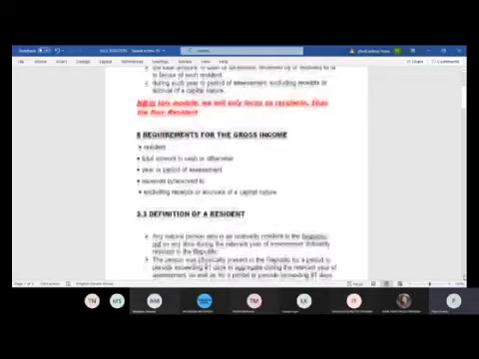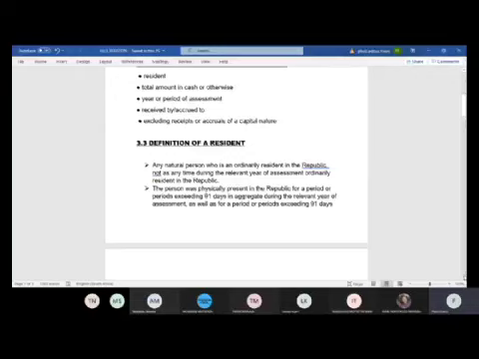excluding the receipts or accruals of a capital nature. Looking at the definition of a resident, we're looking at any natural person who is ordinarily resident in the Republic, or who is at any time during the relevant year of assessment physically present in the Republic for a period exceeding 91 days in aggregate during the relevant year of assessment, as well as the prior periods exceeding 91 days.